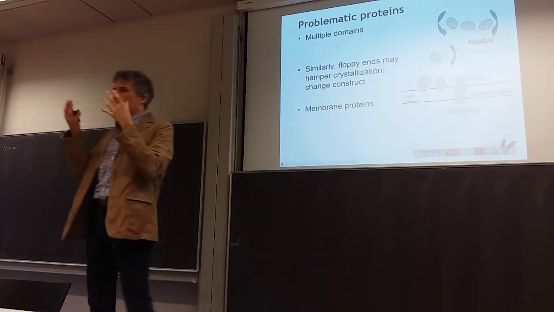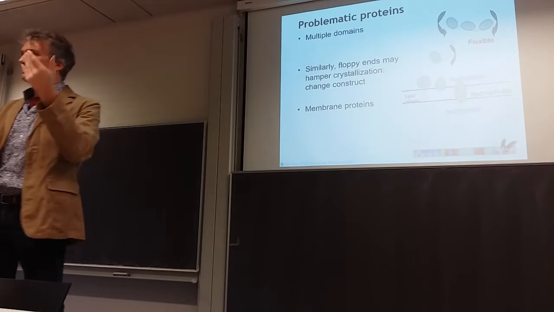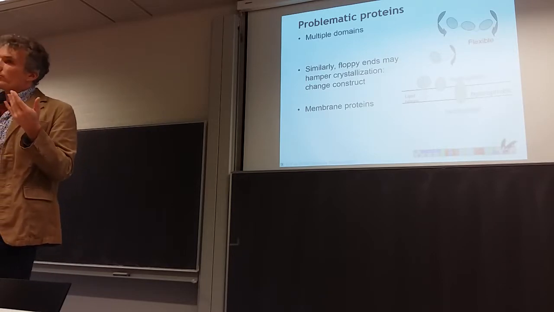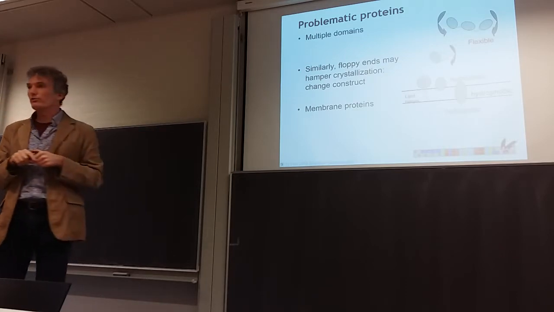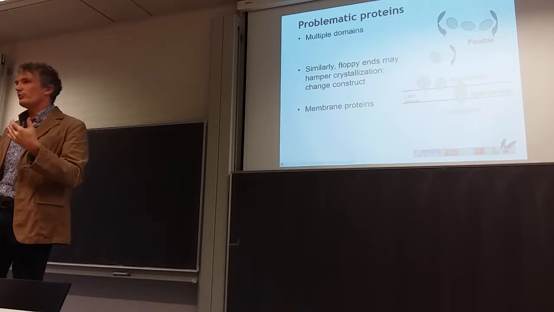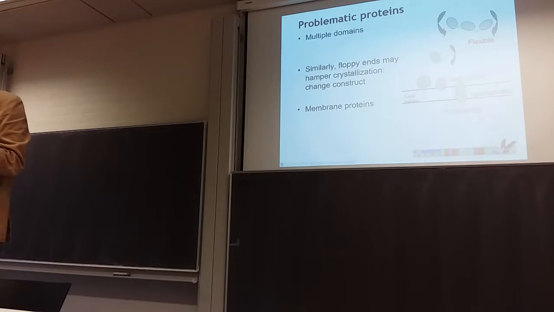But the big problem with that is that these lipids are like the flexible parts of the protein. They will be irregular, and they actually help keep your protein in solution as well, instead of crystallizing it. So there's a delicate balance.